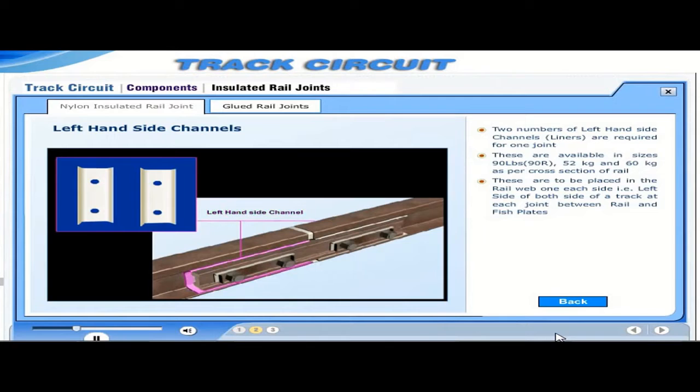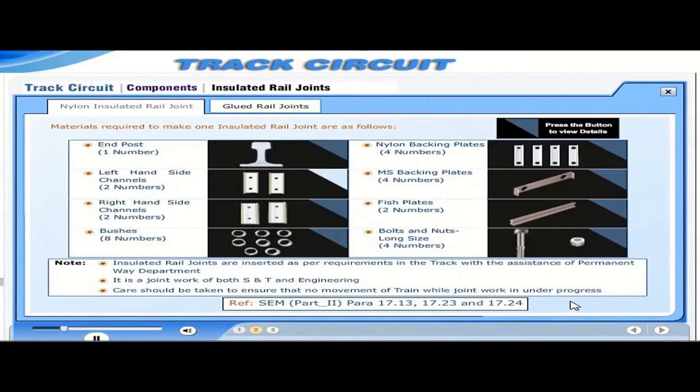Left-hand side channels. Two left-hand side channels, liners, are required for one joint. These are available in sizes 90 lbs, 52 kg and 60 kg as per cross section of rail. These are to be placed in the rail web, one on each side, that is, left side of both sides of a track at each joint between rail and fish plates.